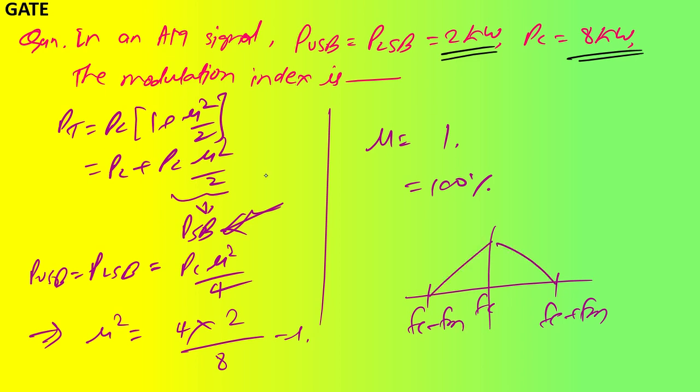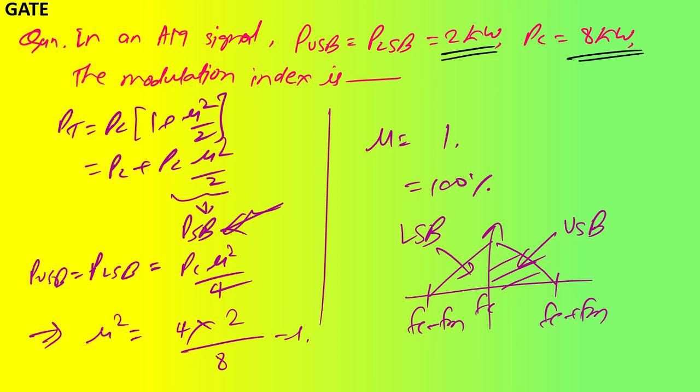So it looks something like this. So this is your USB and this is your LSB, lower sideband. Okay, and you can see this is your carrier power. So carrier power plus the lower sideband power plus the upper sideband power is all together going to give you the total power in modulation, amplitude modulation.